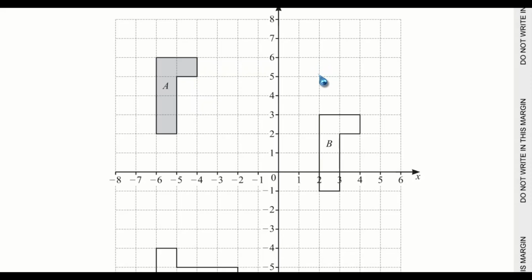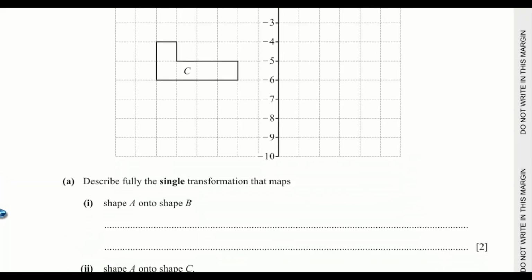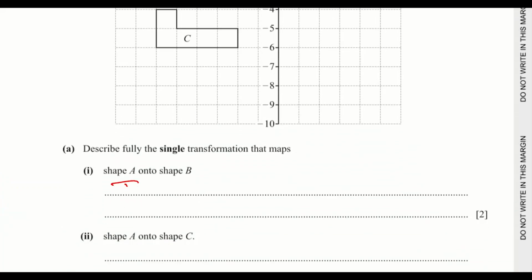Then 1, 2, 3. That is minus 3. So that will be translation by the column vector 8, negative 3.